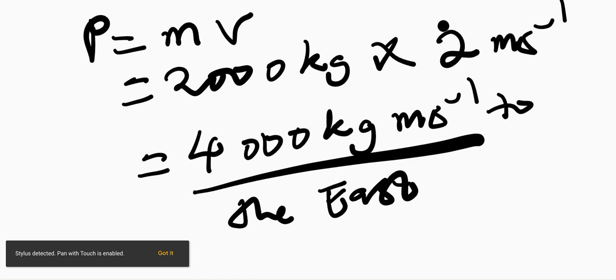That's how you do it, right? You also have to include the direction. So the momentum is 4,000 kg m/s to the east. So that's what we mean when we say it's a vector. If it was not a vector, you would just write the answer alone. But now because it's a vector, you have to also include the direction. I hope you've learned that.